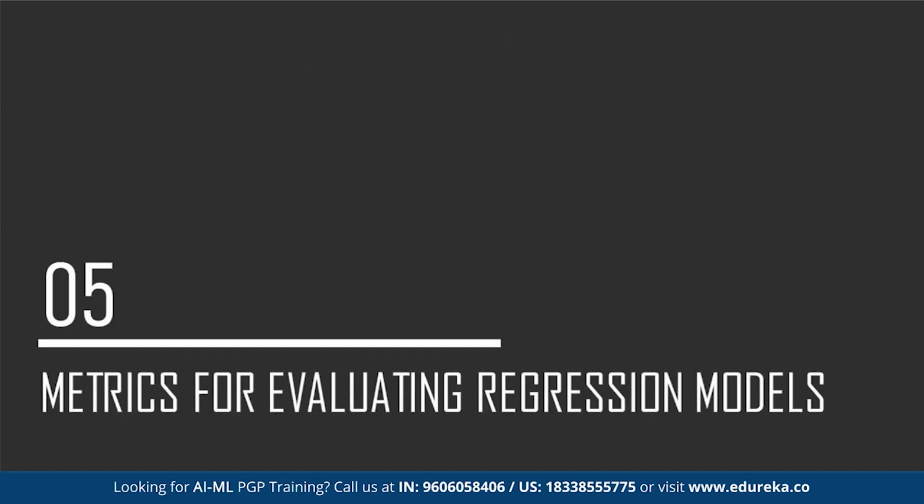Moving further, when we talk about machine learning, I'm supposed to talk about the different types of machine learning. One is supervised learning, another is unsupervised learning, and finally reinforcement learning. Coming to supervised learning, it also has a lot of limitations.